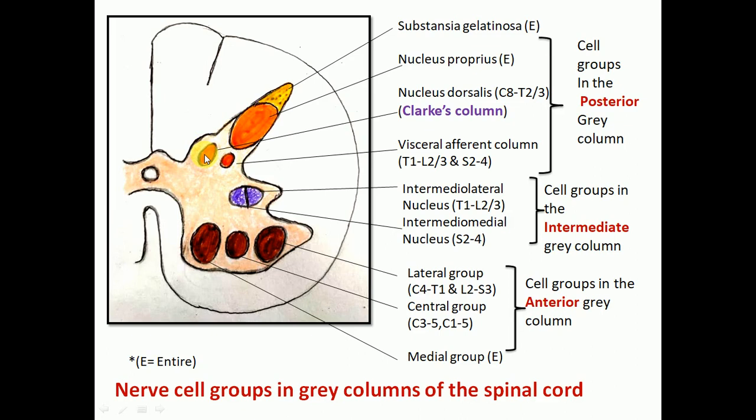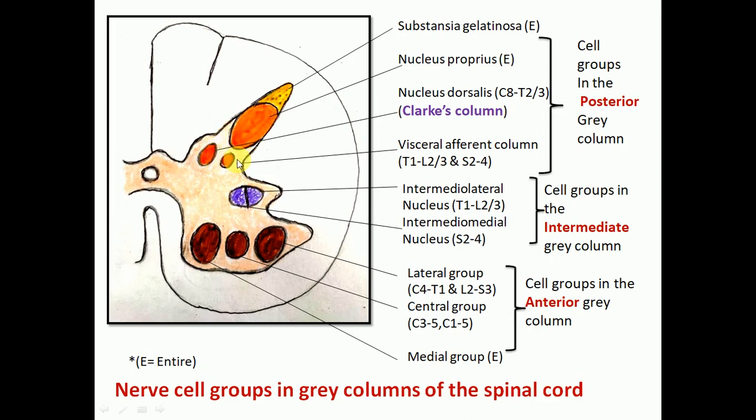On the medial aspect there is the nucleus dorsalis, present in the segments between C8 to T2 or T3, which is also called Clark's column. This nucleus dorsalis is concerned with both proprioceptive sensation, meaning muscle and joint sense, as well as exteroceptive sensation like pressure and touch coming from the trunk and lower limb.